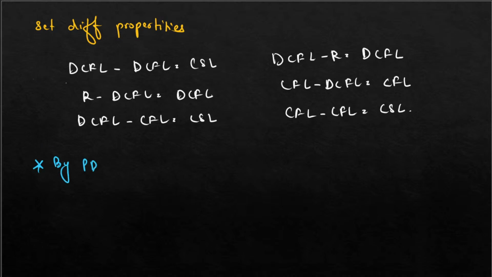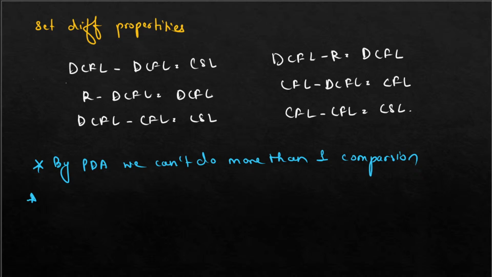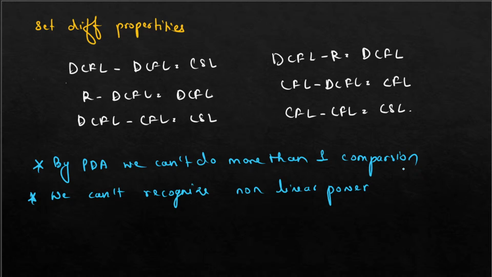By PDA, we cannot do more than one comparison. We cannot recognize non-linear power with PDA, and matching is not possible.